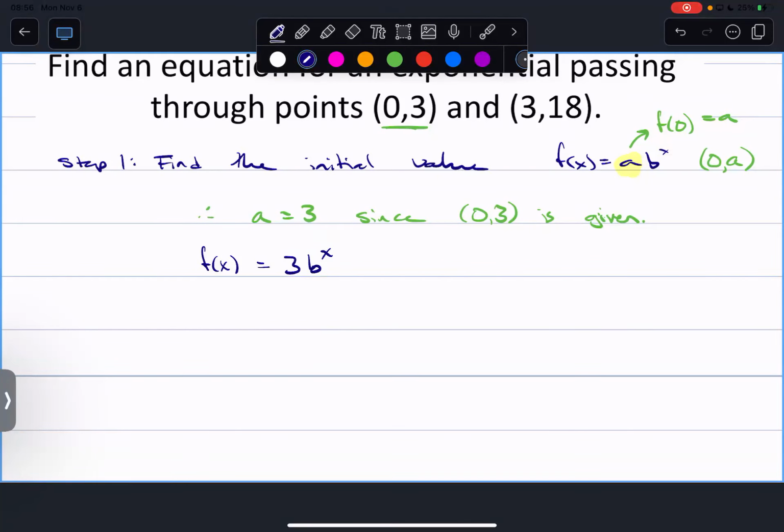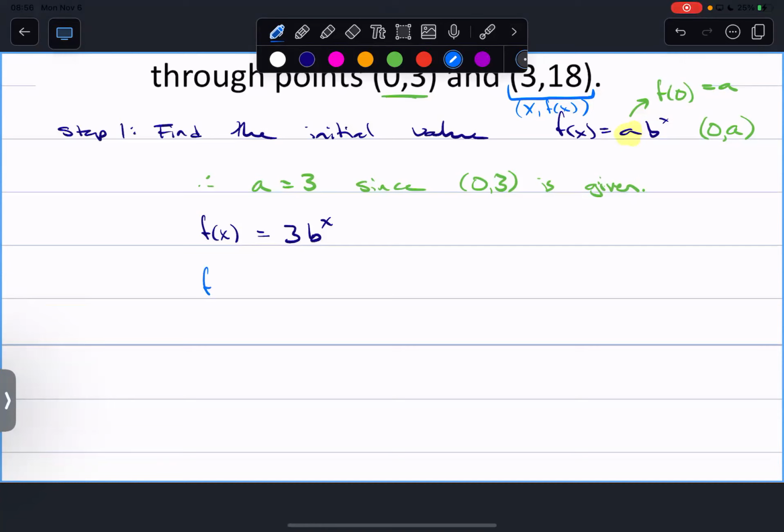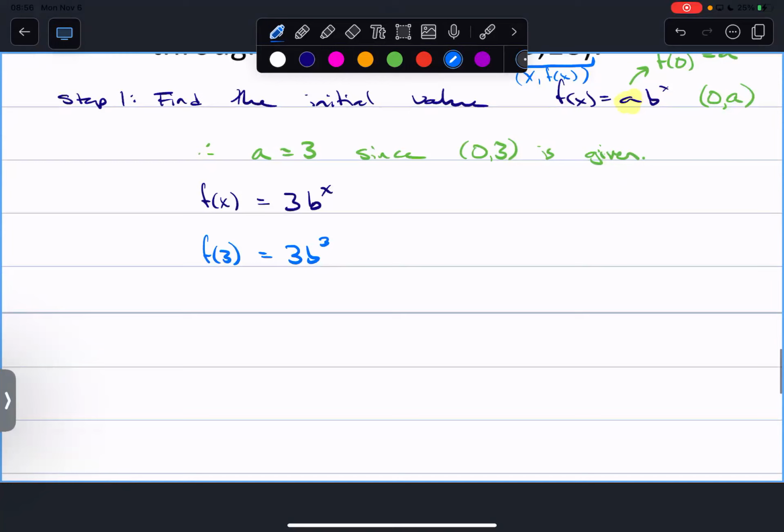We knew how to manipulate the slopes, and then we had to take that coordinate and use the x and the f of x to solve for the missing part. So here, this is an x, f of x point. So if x is 3, f of x is 18. So we're given that f of 3 is 3 times b to the power of 3, and f of 3 is 18.